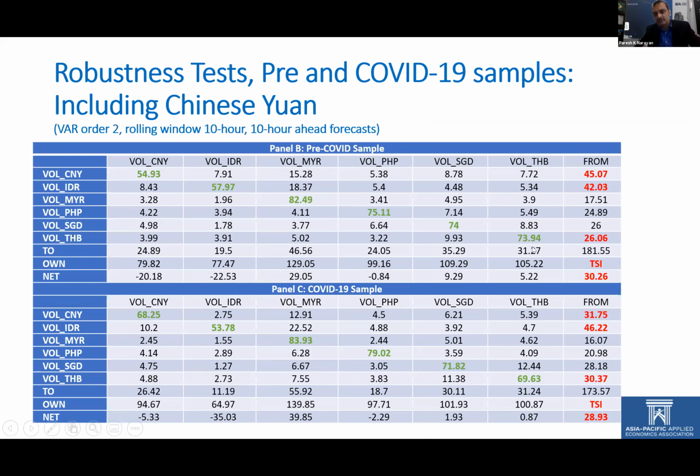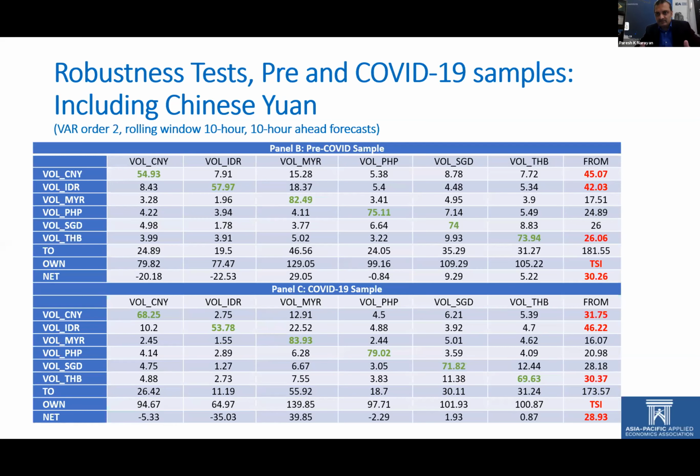So again, what it means, there's two messages here. One is that the random walk model is still very much valid in explaining the variance in exchange rates of the Asian countries, including Indonesia. However, in a relative sense, if the question was, did shocks to currencies in the Asian countries lead to changes in the Indonesian currency?